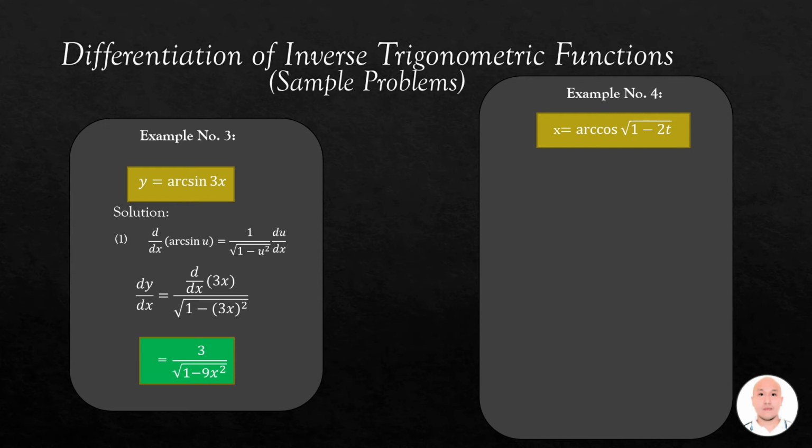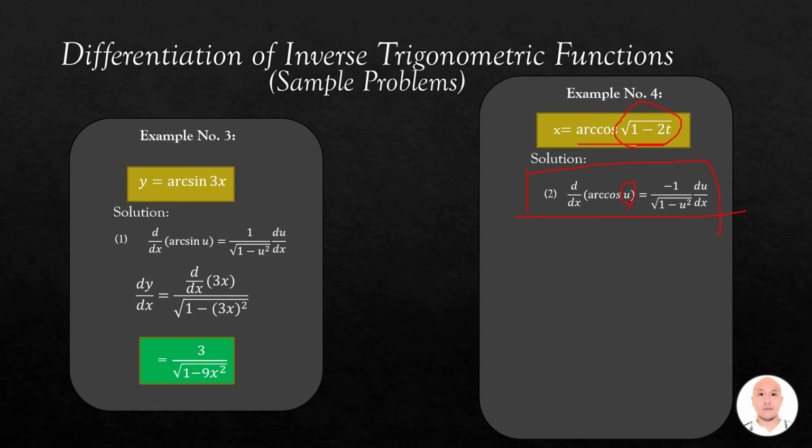The problem here is in arc cosine form, so we'll use the arc cosine formula. d over dx arc cosine u is equals to negative 1 over square root of 1 minus u squared times du over dx, where our u is equivalent to square root of 1 minus 2t. Here we can use another formula from a previous topic, which we call the power rule.